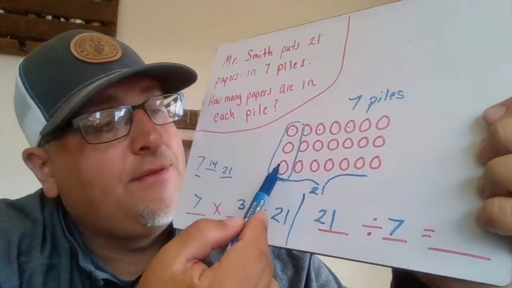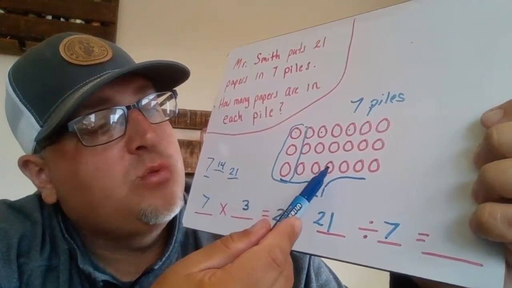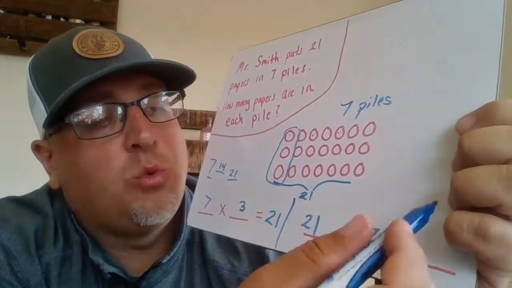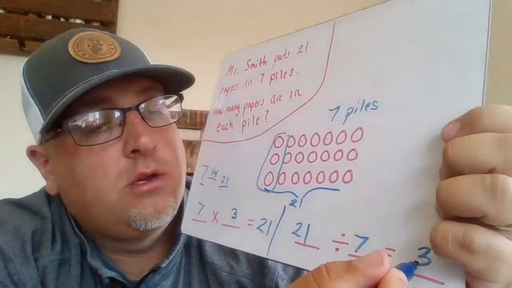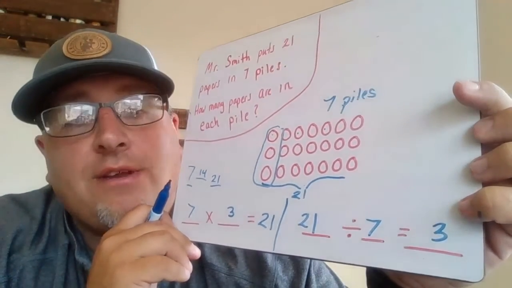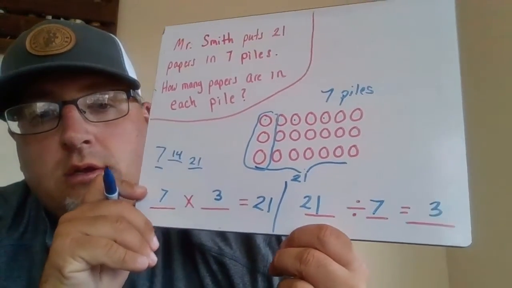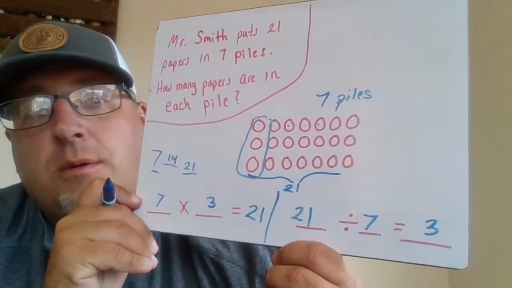Each group needs to have 3. Yep. 3, 6, 9, 12, 15, 18, 21. So we know 21 divided by 7 equals 3. There we go. There is our problem right there.